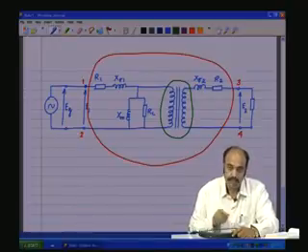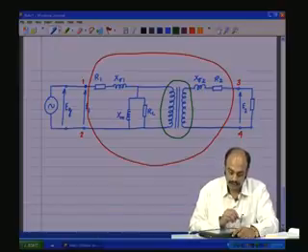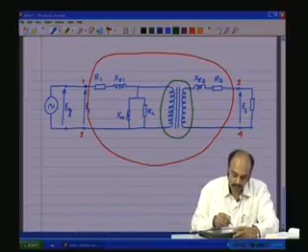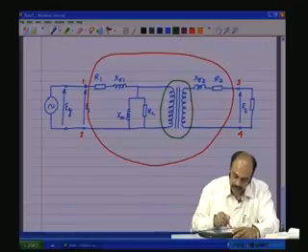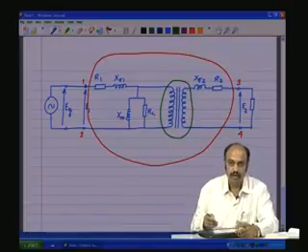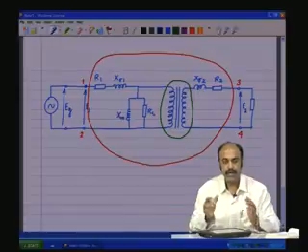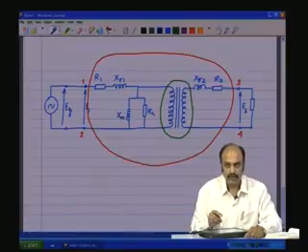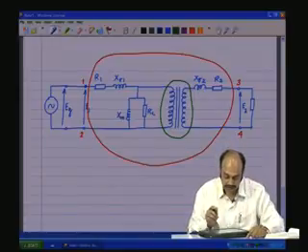So, this would be a practical transformer, and actually what will be available to you is the terminals 1, 2, 3, 4, everything else is a black box, and all these are embedded inside the transformer which are not available to you as physical quantities.